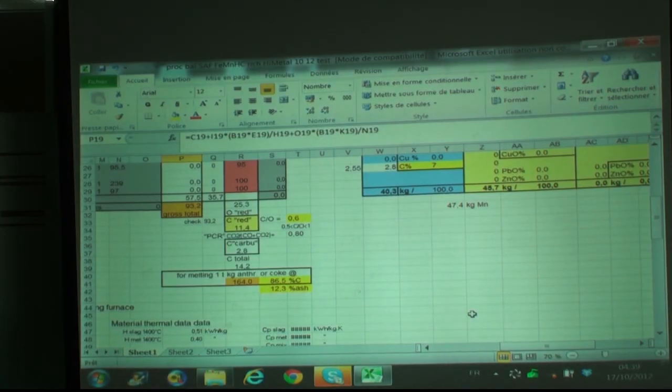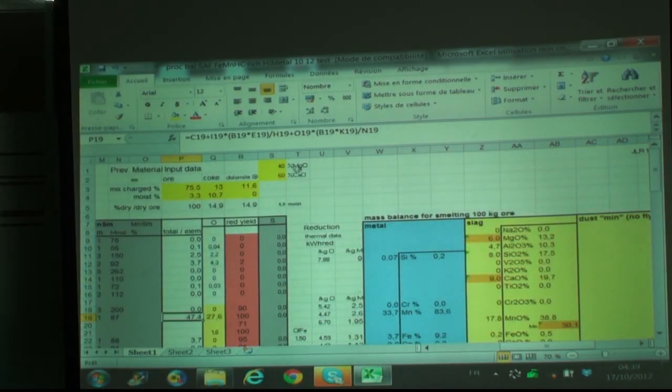And now we go to the calculation of the carbon, because of course the customer has given the amount of coke, so we could consider, okay, the customer knows. No, it's not enough.